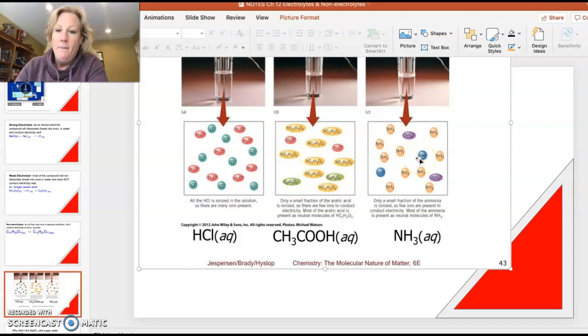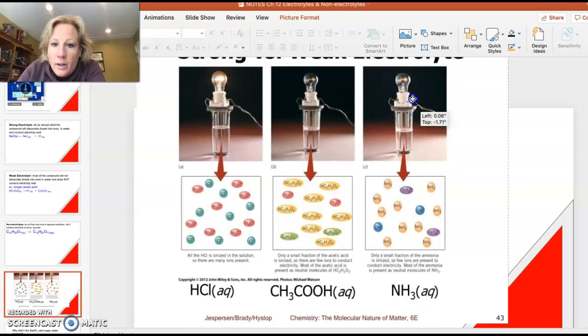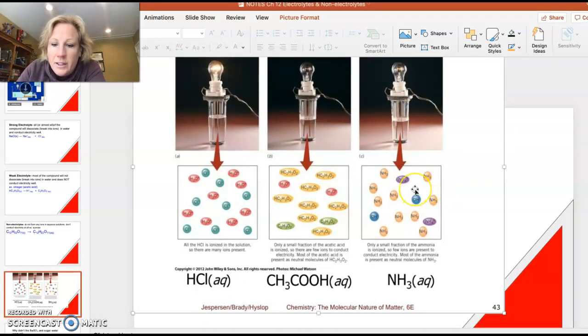And then another example, this would be a non-electrolyte, I think. Actually, it is a weak electrolyte. This is a weak electrolyte too, because a very small amount of ammonia will break apart. So we won't focus on that yet. When we get to acids and bases, we can. So anyways, I hope that helps.